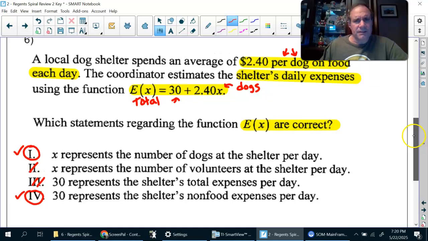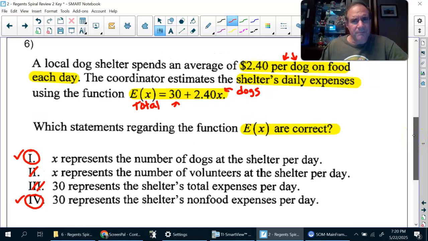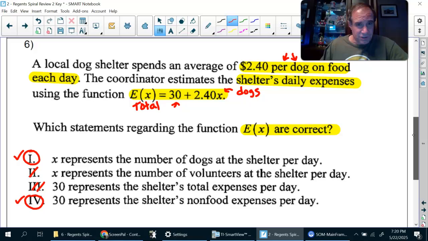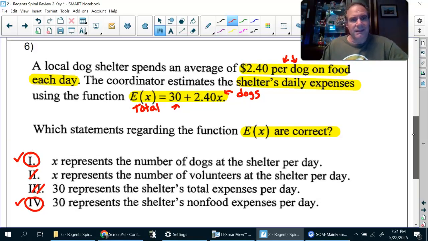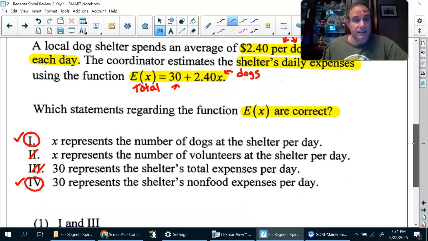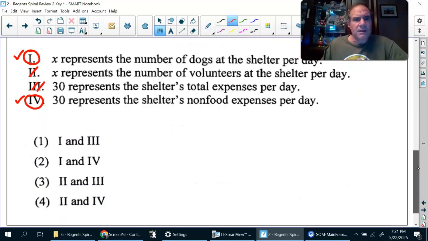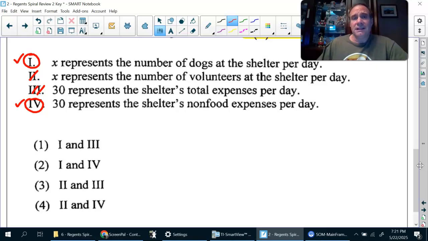So it spends an average of $2.40 per dog on food each day. And then the daily expenses, 30, we don't know where the rest of the $30 is going, but that's non-food expenses. So we're going to say 1 and 4 is your answer.